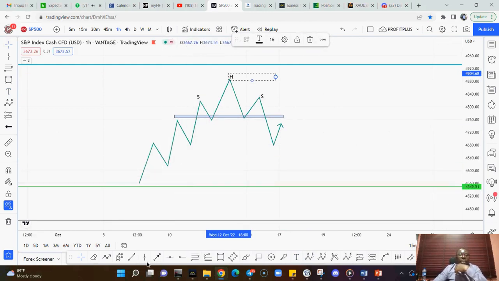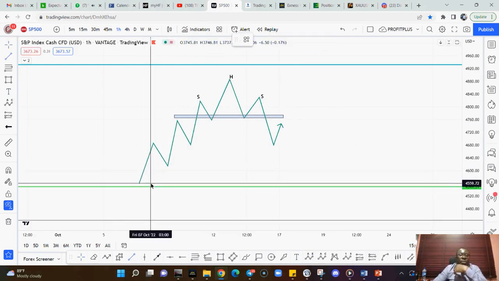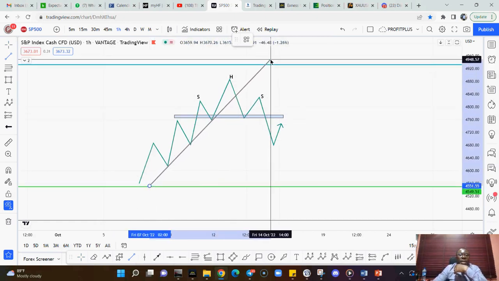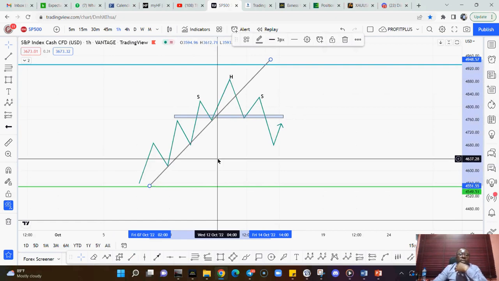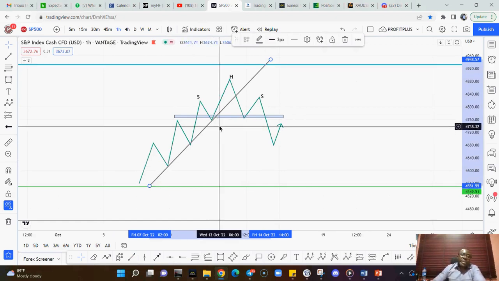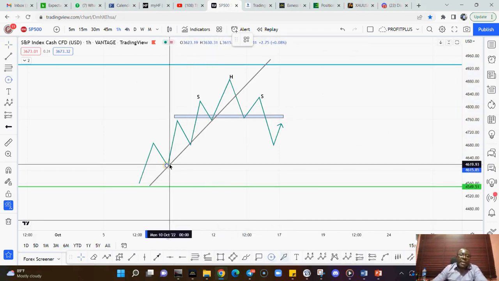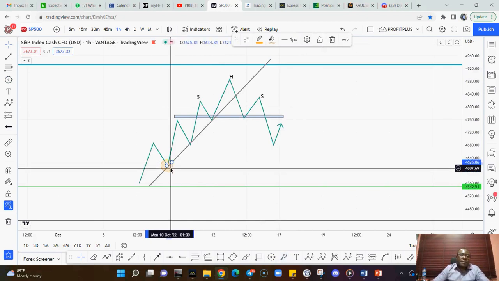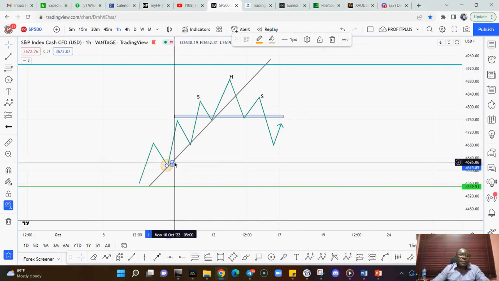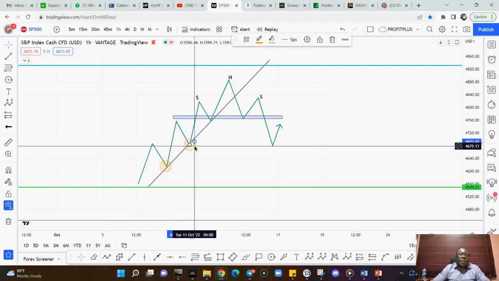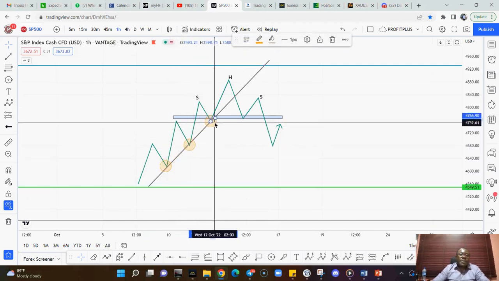So remember, if you are doing this, you would have drawn your trend line, and you are gently and carefully tracing this uptrending market. And at this point, these are the points that you are buying. You are buying at this point.